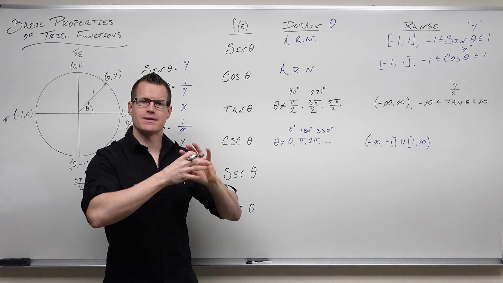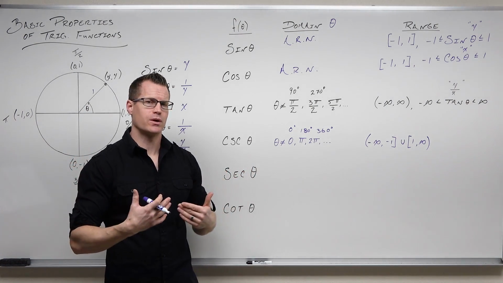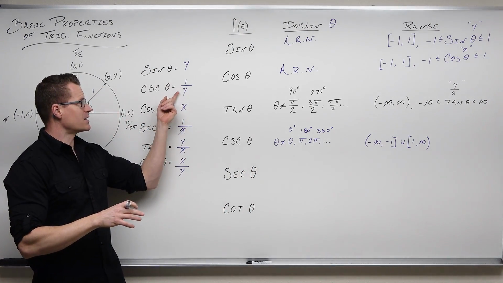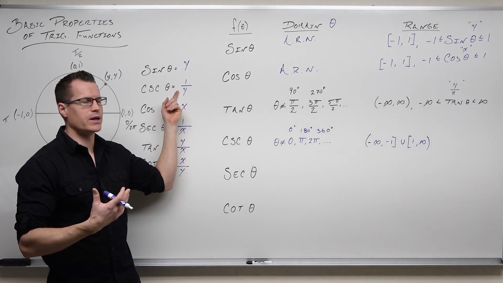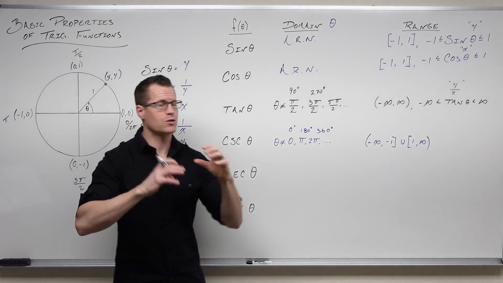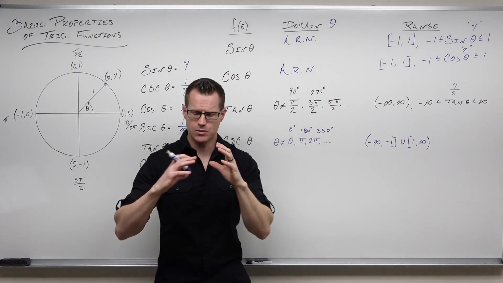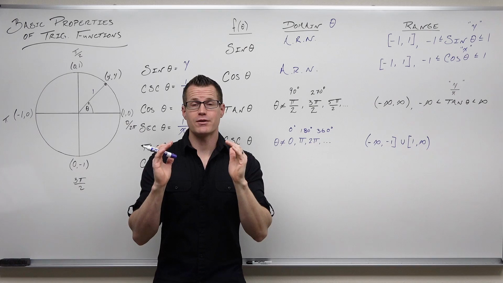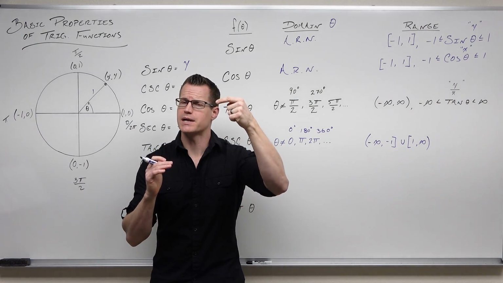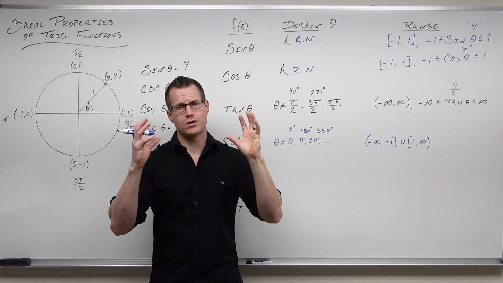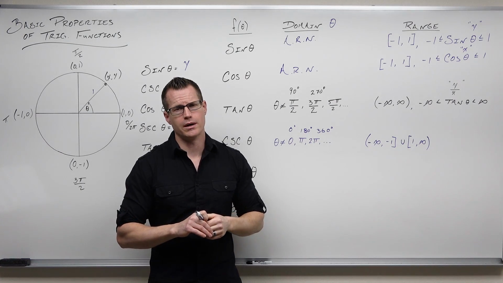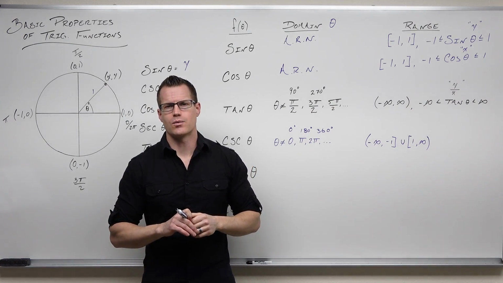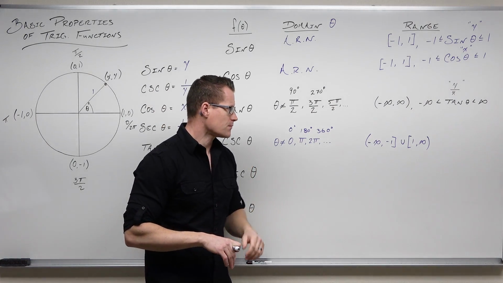Sure, we can get out negative 1 and 1 just by dividing, but remember that y is bound by that. It can only have smallest value negative 1, largest value 1, everything else is between there. And dividing 1 by a number smaller than 1, you're going to get values larger than 1, or outside that range of negative 1 to 1.